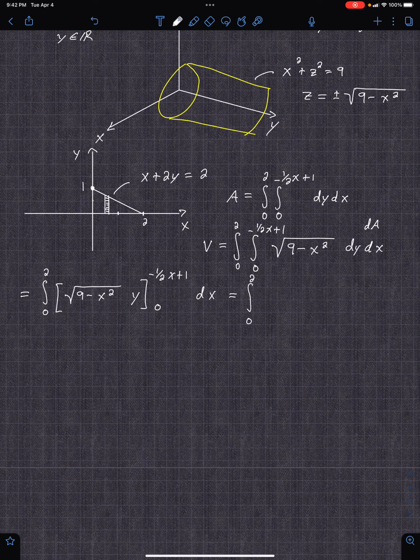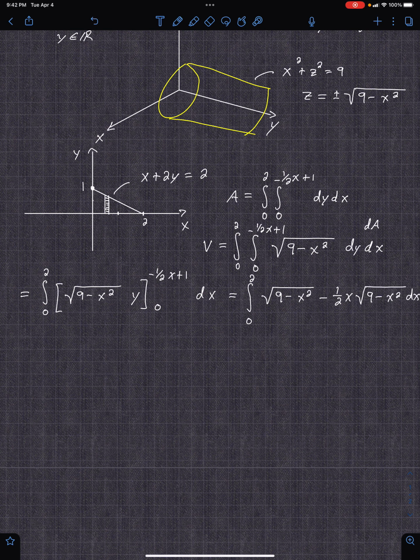So you get, and then you're going to subtract them. So it's the square root of 9 minus x squared, minus 1/2 x square root of 9 minus x squared, dx. I did a little work on this, so just see if it makes sense. And now you're down to just integration.